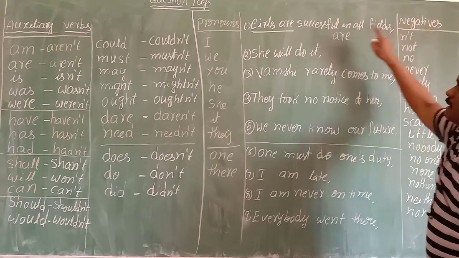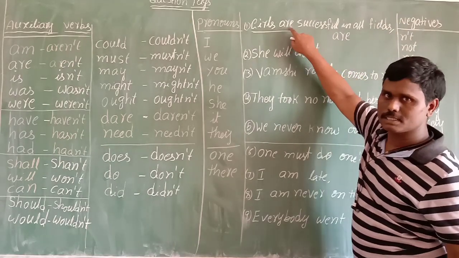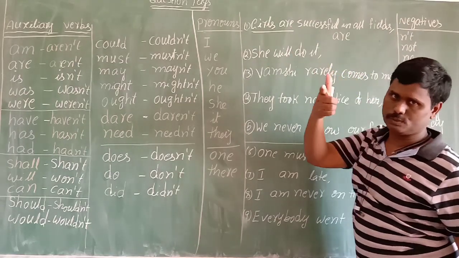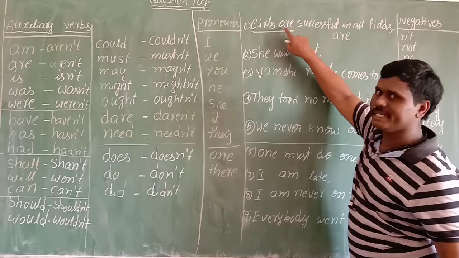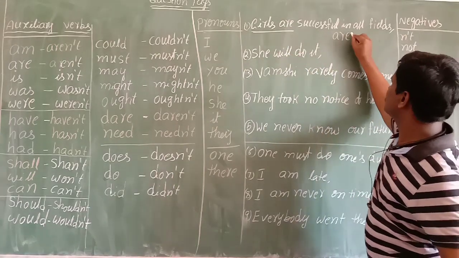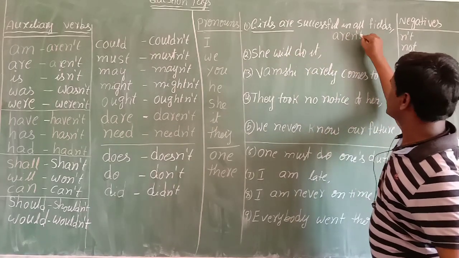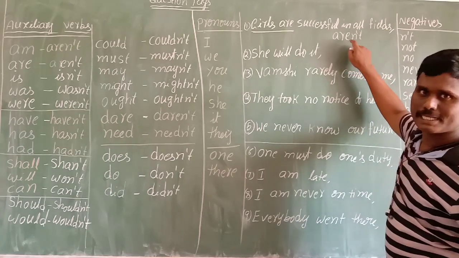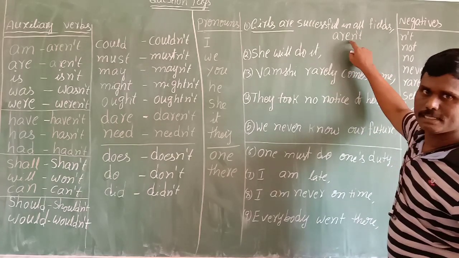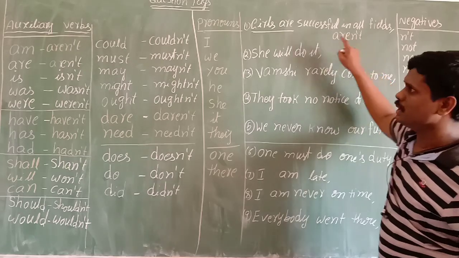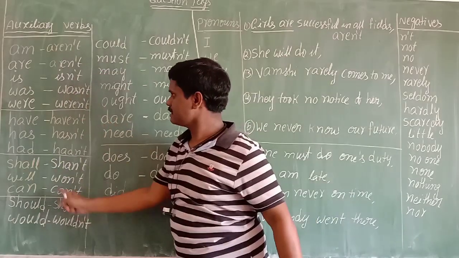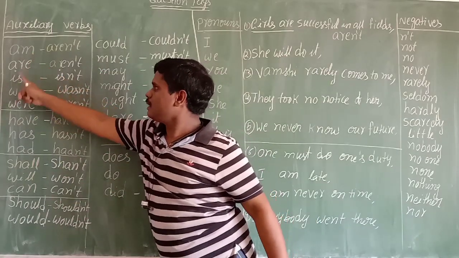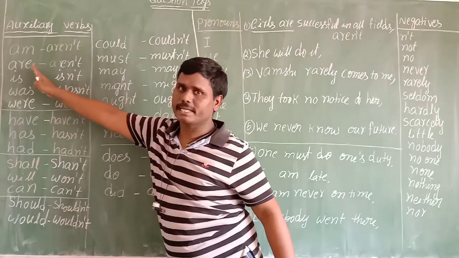Any negative word? No, not, never, seldom, no. If there is no negative word, just write the contracted form of this helping verb. That means adding n't. Already these are the contractions. Here, am or is a helping verb without contraction.